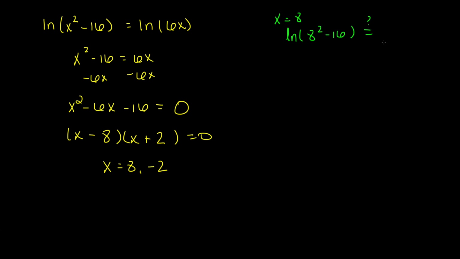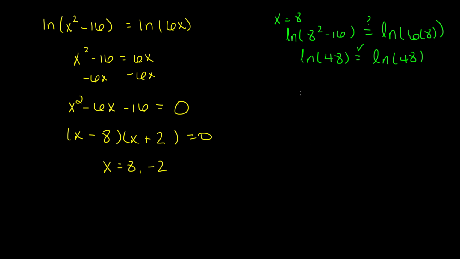Does this truly equal natural log of 6 times 8? Okay, so this is going to be natural log of 64 minus 16, which is 48. Does this equal 6 times 8, which is 48? And it does. Yay. So that is a solution.